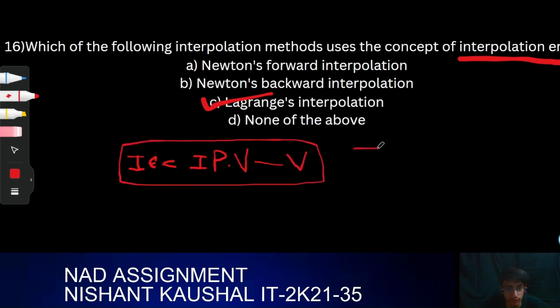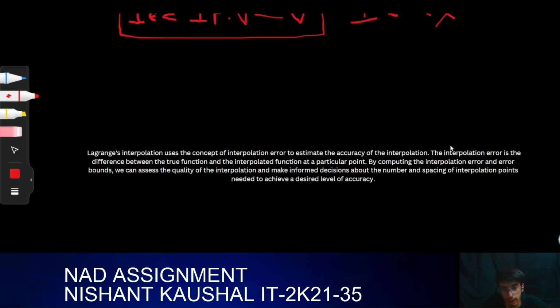And what is this interpolation error used for? Interpolation error is used for finding the accuracy of that interpolation method. If the value is small, it is more accurate, and if the value is big, it is less accurate, right? Lagrange's interpolation uses the concept of interpolation error to estimate the accuracy of the interpolation.